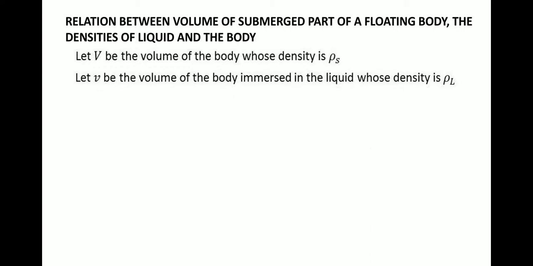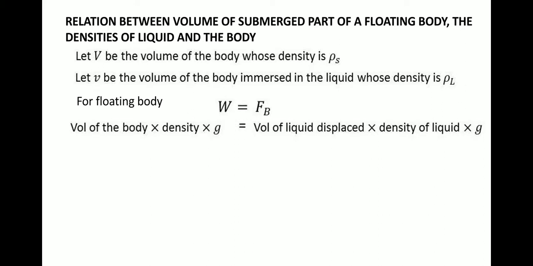We have already learned that for a floating body, W is equal to Fb. That means the weight of the body must be equal to its upthrust. Weight W is given by the volume of the body multiplied by density multiplied by acceleration due to gravity. And upthrust is given by the volume of liquid displaced into the density of the liquid multiplied by acceleration due to gravity.